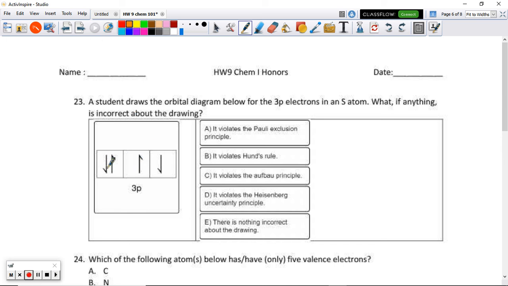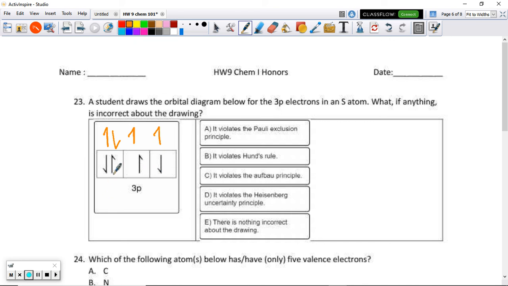If we were drawing this one correctly, there's a couple of possibilities. You could have an up, an up, an up, and then there'd be a down on this one. The way this one is shown, you have a down, then an up, and then a down.